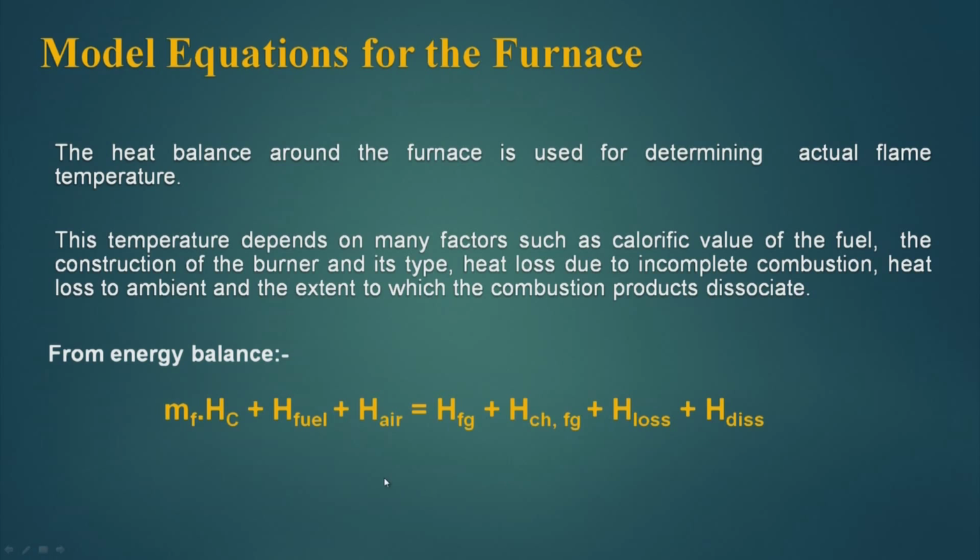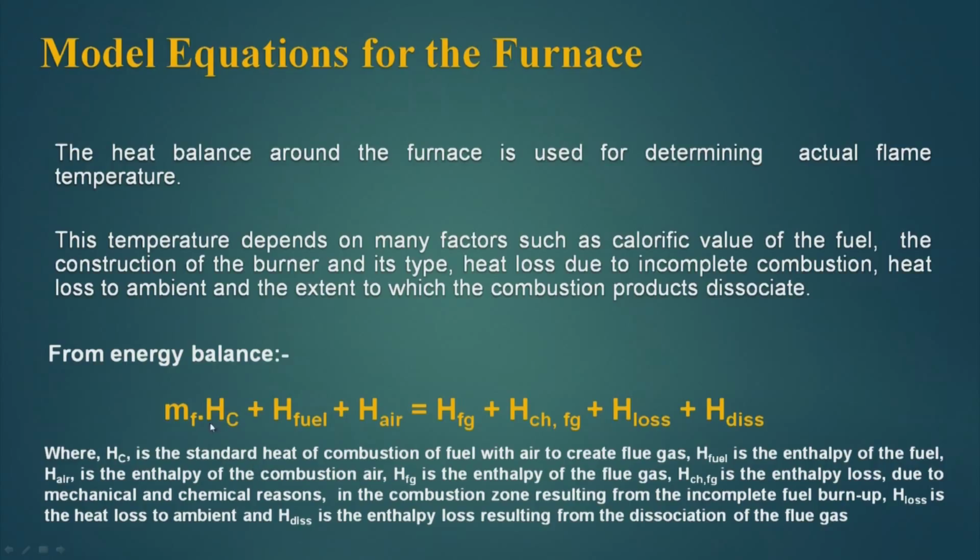From the heat balance we can write down this: MF into HC is equal to H fuel plus H air, equal to H FG plus H CHFG plus H loss plus H dissociation, where HC is the standard heat of combustion of the fuel with air to create flue gas.